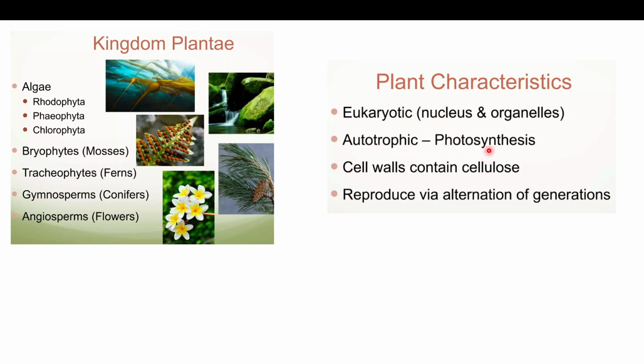It's autotrophic, where it uses sunlight to synthesize organic compounds. Plants have cell walls containing cellulose, and they can reproduce via alternation of generations, either as haplontic, or like N, having an N ploidy, or diplontic, having 2N ploidy.